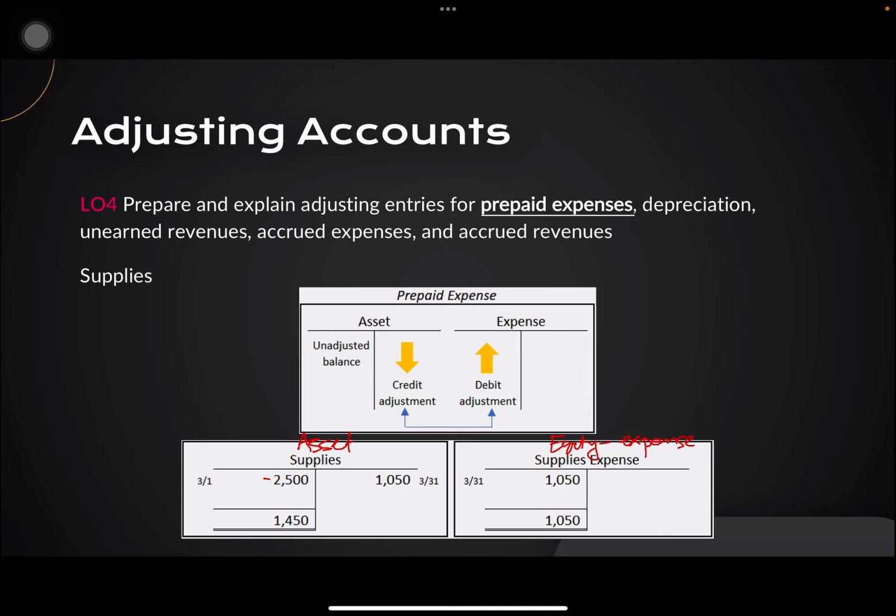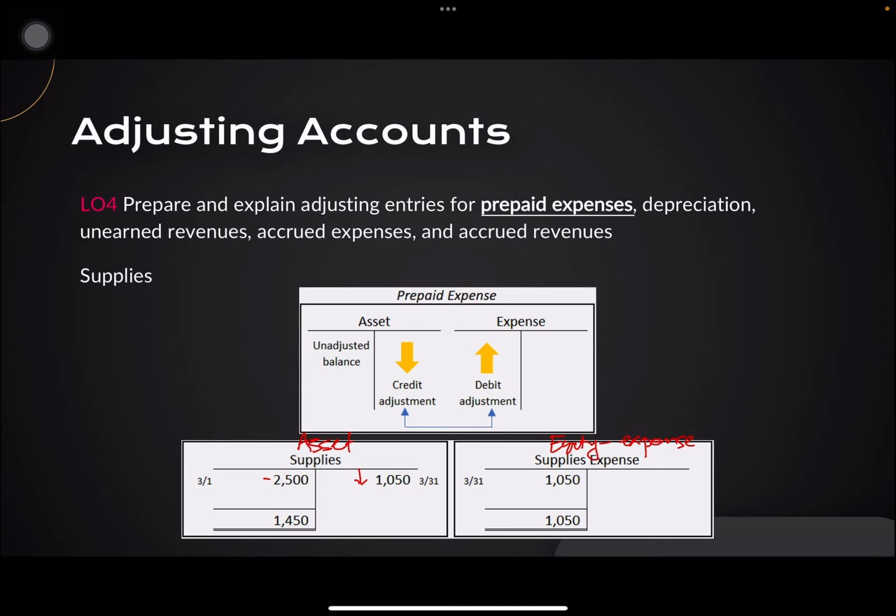It is $2,500. But again, bullet point number 2 told you that $1,050 has already been used up. So the used up amount, or the consumed amount, you would need to decrease in your asset account. So this $1,050 would be the decrease in your asset account.